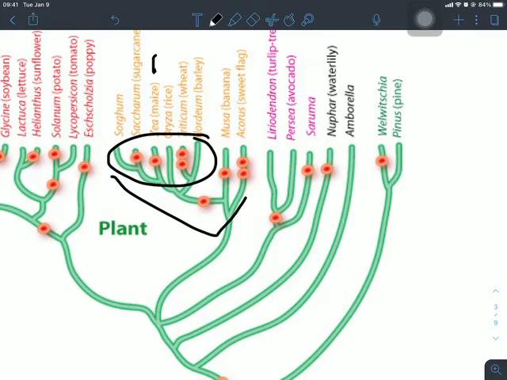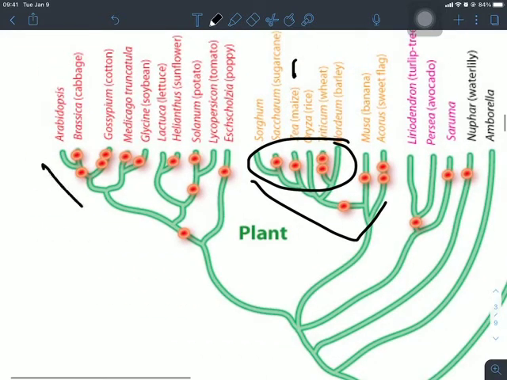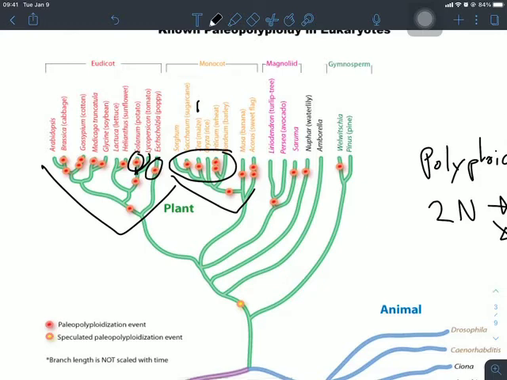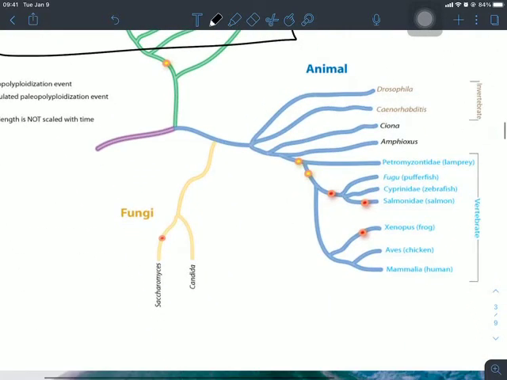We see that the same is true for a lot of our dicots, things like tomatoes and potatoes. There's a whole genome duplication event that's specific to the potato group that we don't see in the tomato group. To some of the species that I studied during my master's, poppy plants. Whole genome duplication events and polyploidizations are rampant across the plant tree of life. Compare that to the animal tree of life.